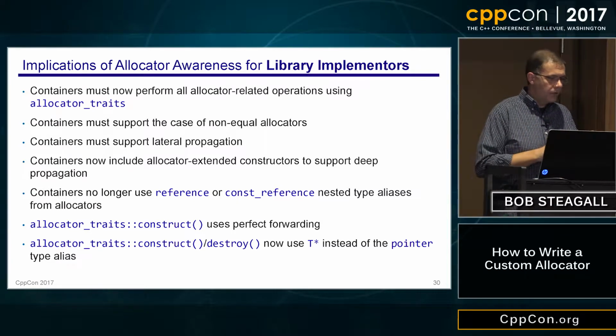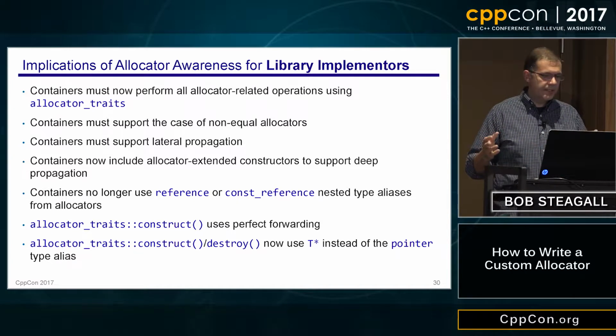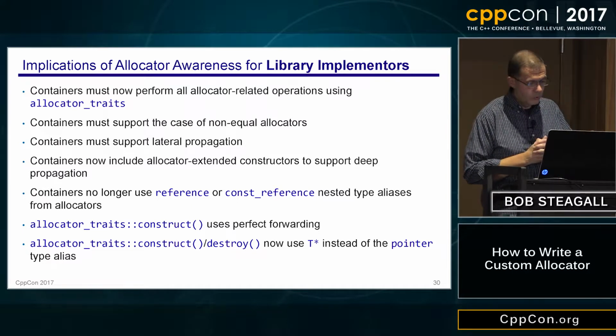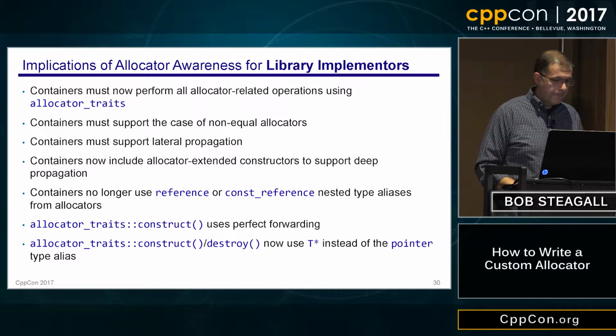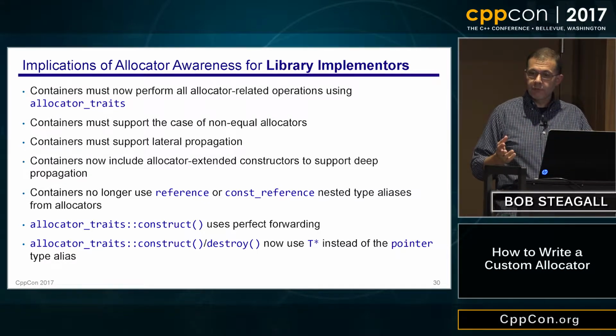On a lighter note, containers no longer use these nested typedefs called reference or const reference that you saw in the old school default allocator. Allocator traits construct uses perfect forwarding, avoiding a possible inefficiency that occurred with the old school construct of the old default allocator.